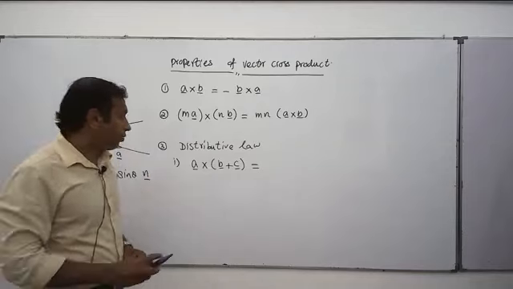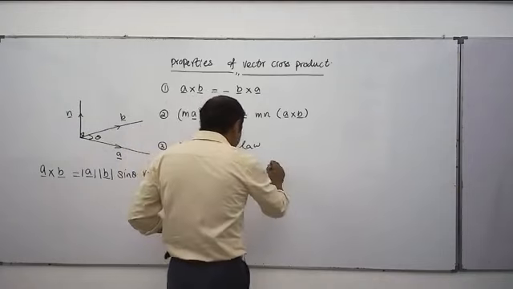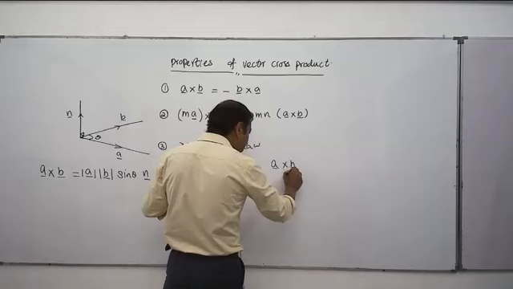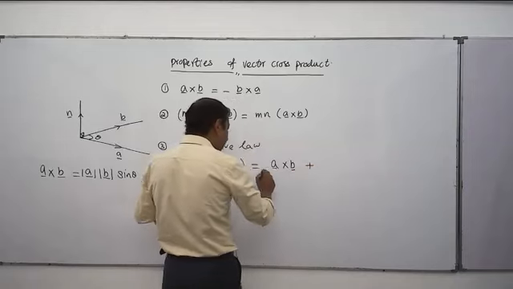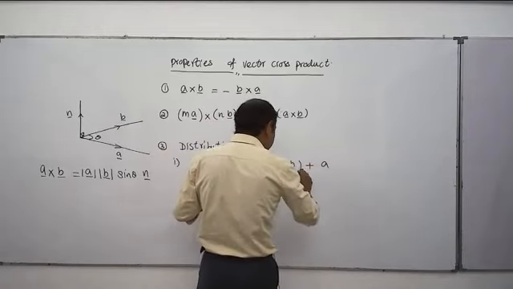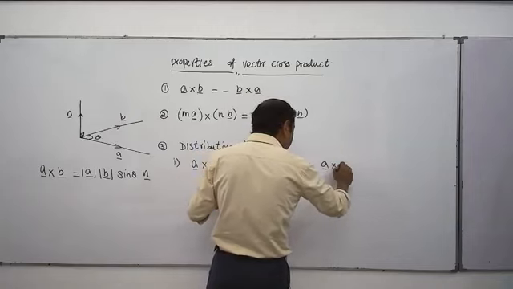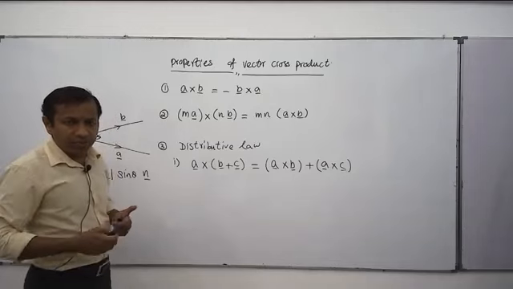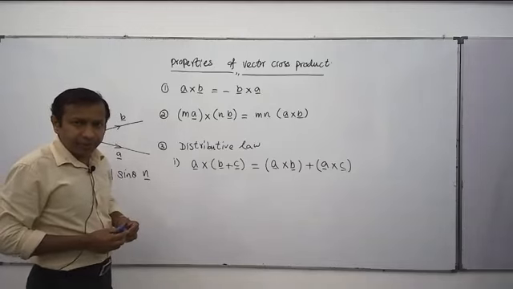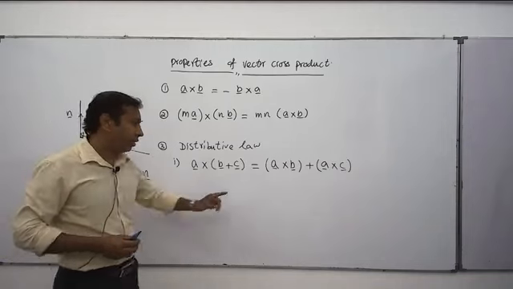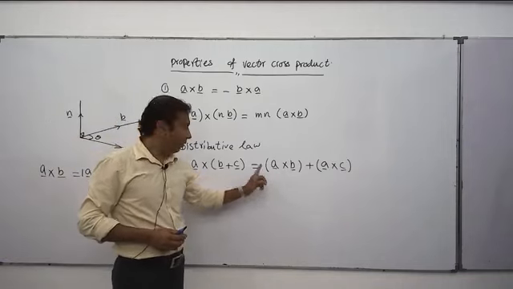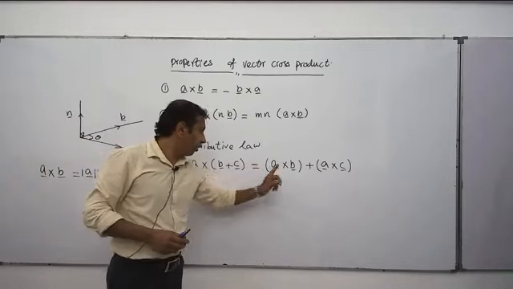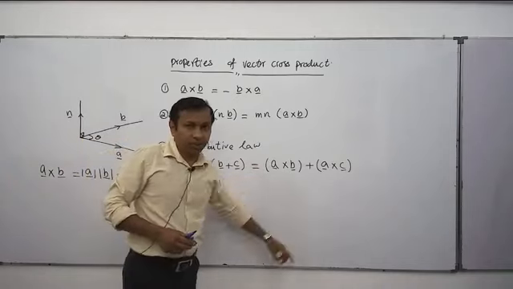So the distributive law is: first take A cross B plus A cross C. It's very similar to the usual multiplication method, but this cross is not the multiplication. A cross B plus A cross C, here we get that.